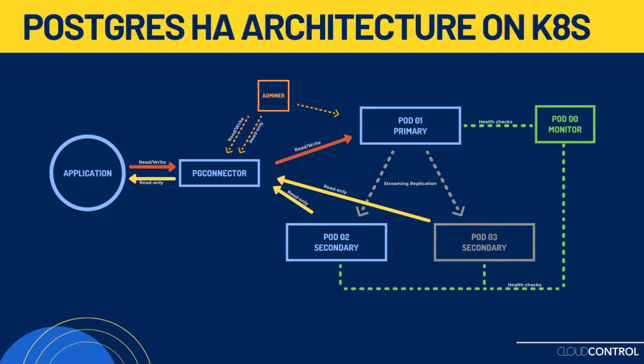PG connector simply configures that and exposes those types of connections on the right port. If the database says it's a read-only database, it goes in the list of read-only PG connector connections. At any given point in time, only one database would be read-write, because we are doing synchronous replication here, and that database gets listed as the read-write connection in the HA proxy configuration exposed by the PG connector.